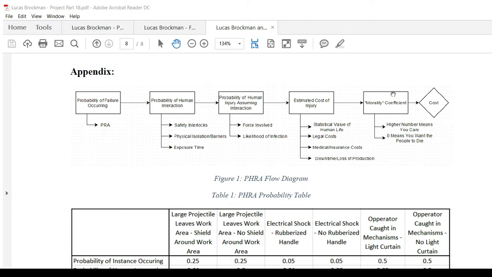This is basically how many more times are you willing to pay for the safety system than you would statistically be saving. So with a morality coefficient of 2, you would be willing to pay twice as much for safety equipment than you would be potentially saving with it.